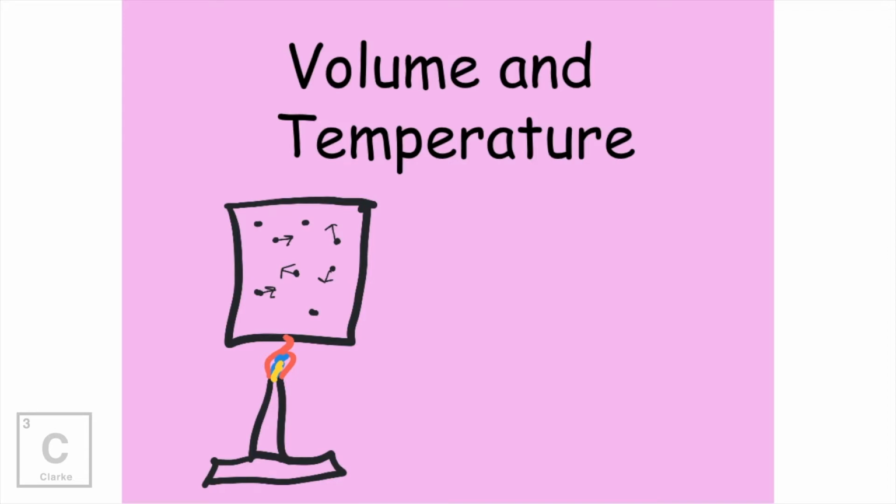Remember, we've talked about with the kinetic molecular theory that when we increase the temperature, that increases the kinetic energy. And if we're increasing this fire and making it hotter and hotter, then these gas particles are moving faster and faster.